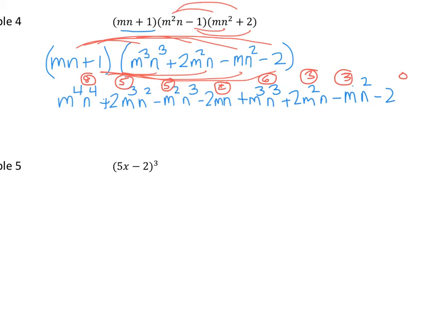So we're going to first go with that 8, m to the fourth, n to the fourth, and we have a 6, so that's going to be next. And as I'm doing this, I really should be crossing these out so that I don't lose track of a term.